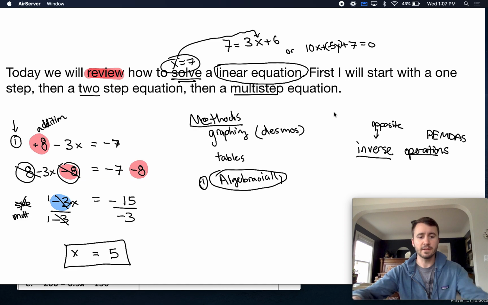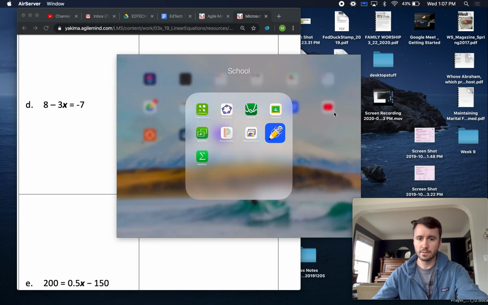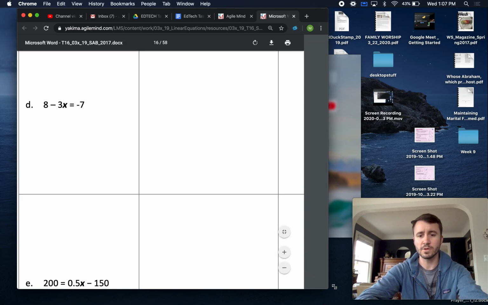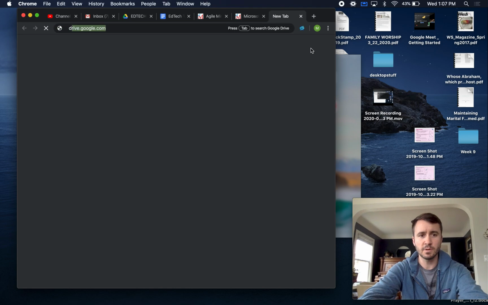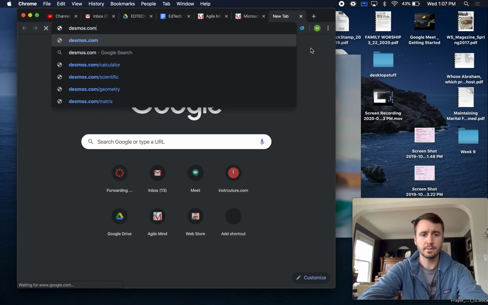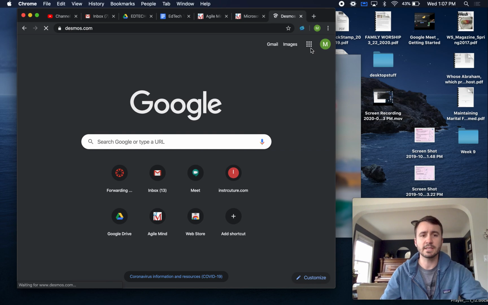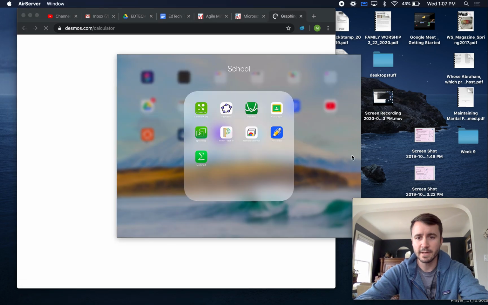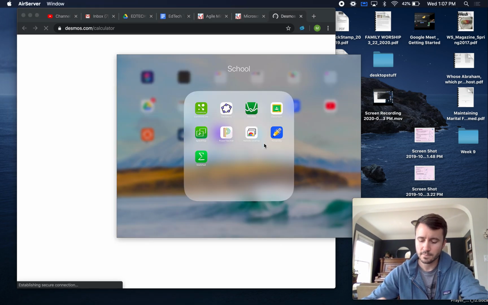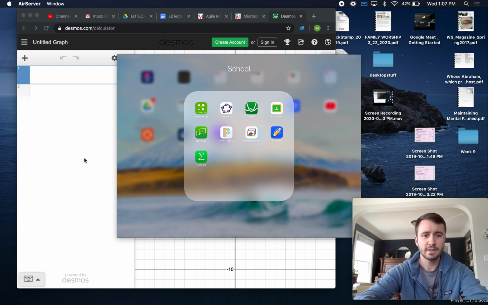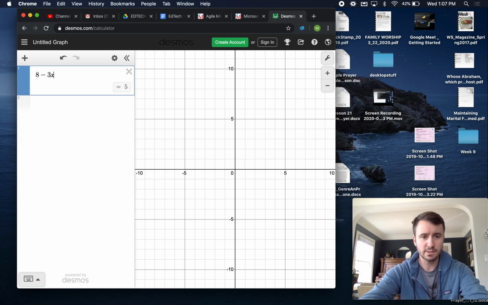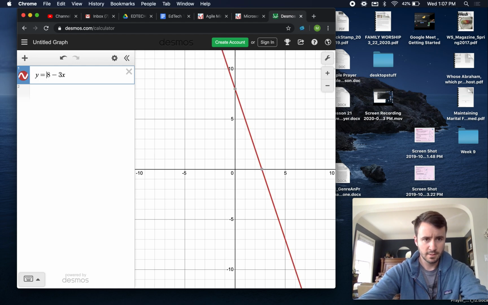Now, to use the graphing method, if I go to my computer, you can do this from a computer or a smartphone, and you type in desmos.com, which is free to access from any computer or smartphone. You click Start Graphing. Remember, the way that we talked about it is we took the left-hand side of the equation, which was 8 minus 3x, and we called that y1.